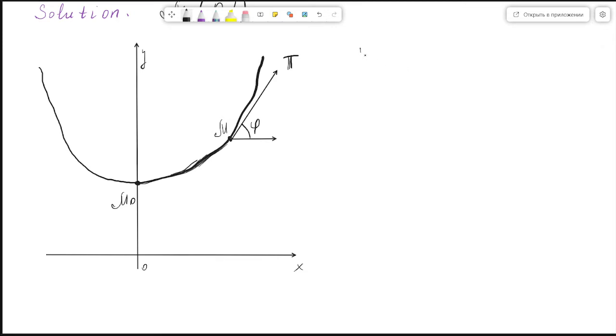It is the first force, tangent T. The second, the tension H at M0, acting horizontally.